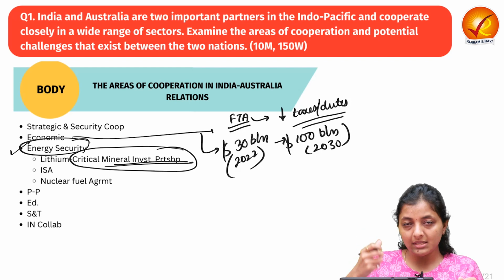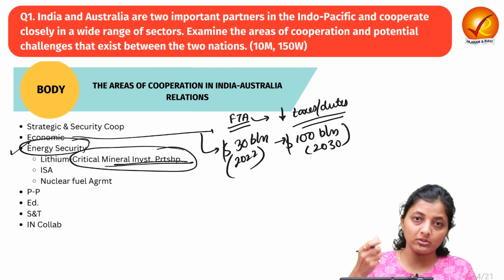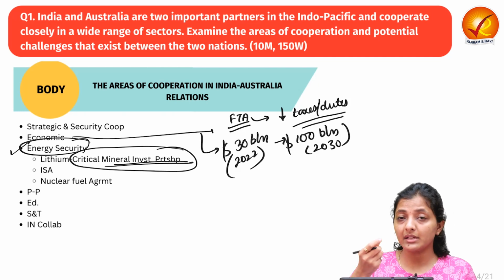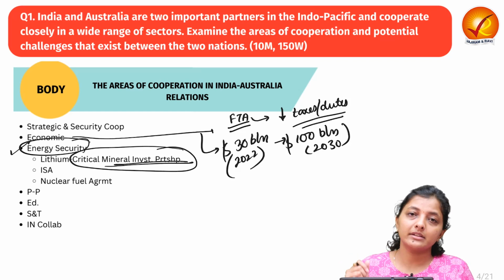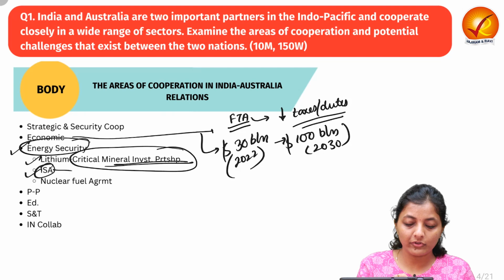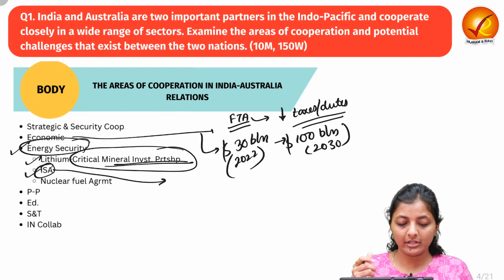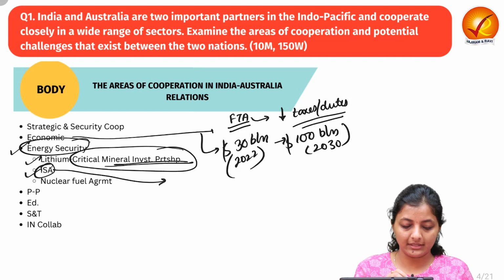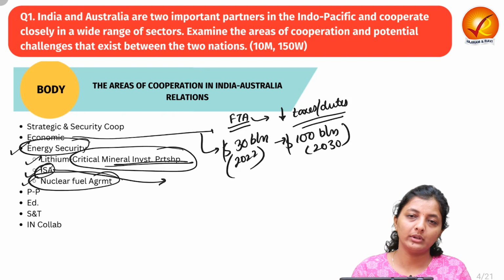In this transition, we require critical and strategic minerals. Lithium is one of them, as we are using lithium in the automobile sector. So, it will enhance our energy security. Next is the International Solar Alliance, for the deployment of advanced solar technology. Then India and Australia have agreed on a nuclear fuel agreement.